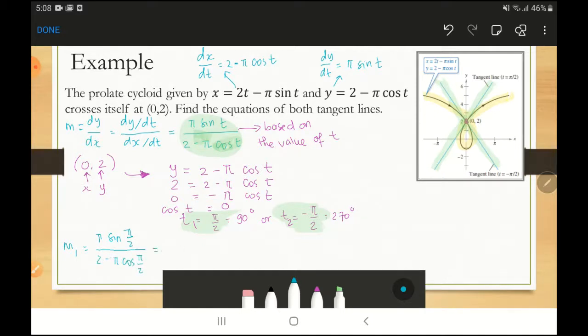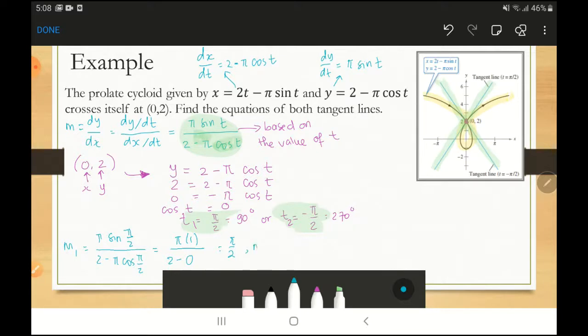Sin of pi over 2 is 1, so we have pi times 1 over 2 minus, and cos of pi over 2 is 0, we have 0 over here. So we have pi over 2 as our first slope.